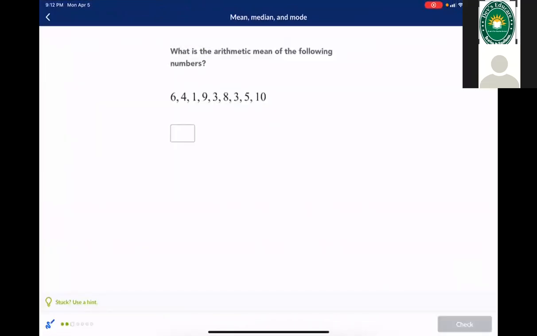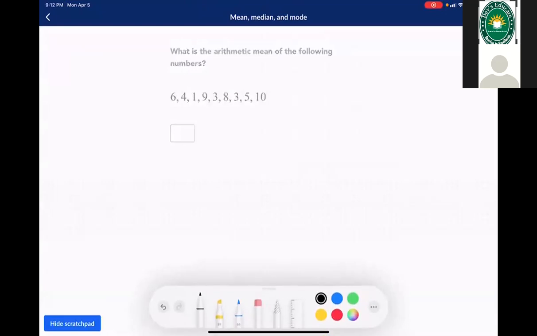Question: what is the arithmetic mean of the numbers? So you do 6 plus 4, 10 plus 1 equals 11 plus 9 equals 20 plus 3, 23 plus 8, 31 plus 3 equals 34 plus 5, which equals 39 plus 10 equals 49, divided by 1, 2, 3, 4, 5, 6, 7, 8, 9.